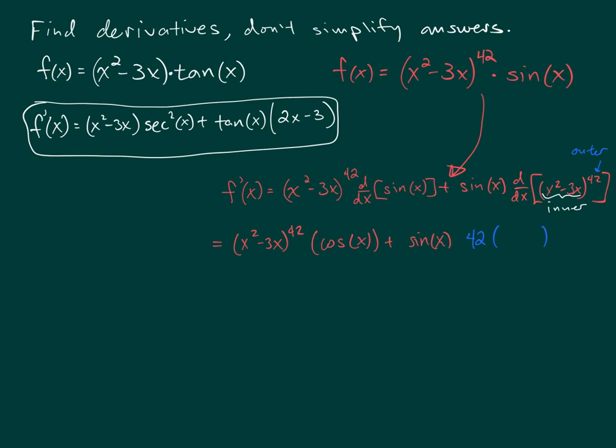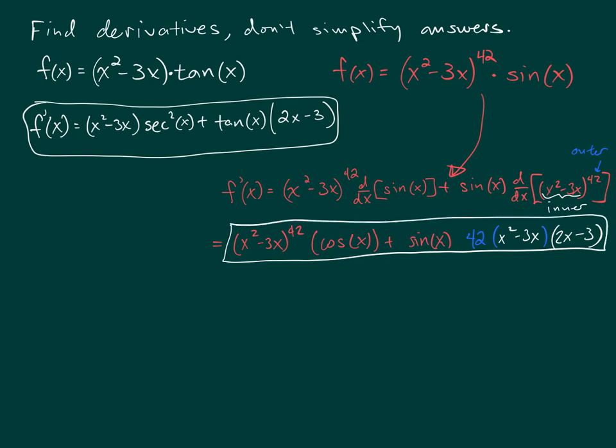Leave the inner function alone, that's x squared minus 3x. Then you take the derivative of the inner function, and that would be 2x minus 3. And this big long expression here would be the derivative of the original function f of x.